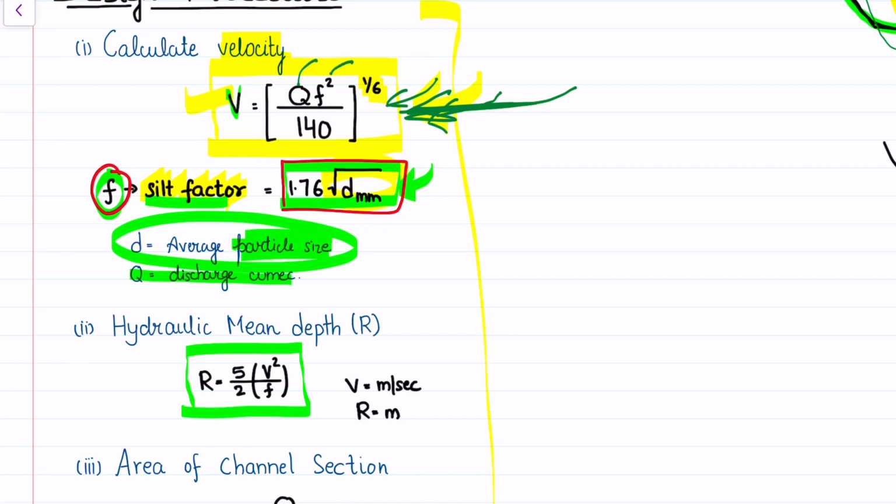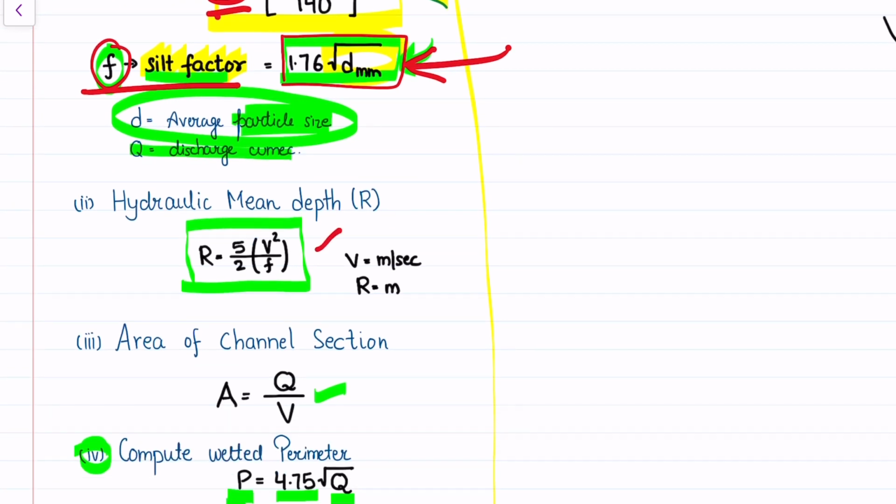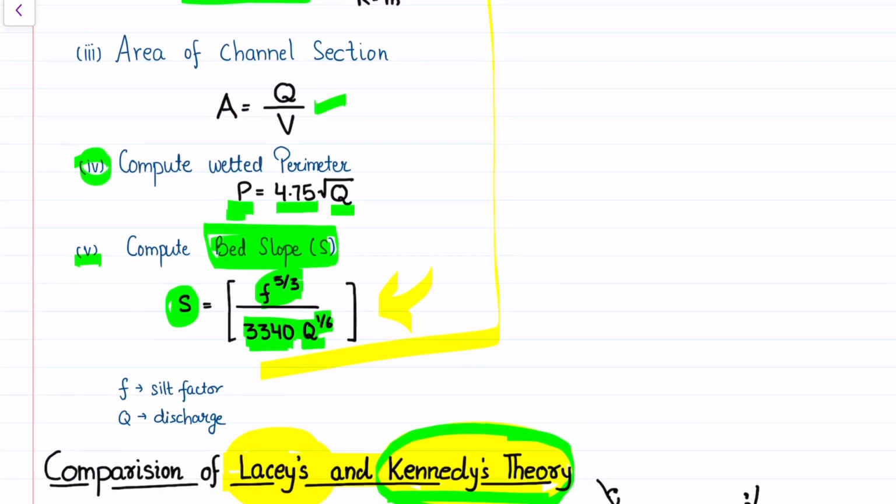Likewise, they may give you the diameter of the particle and the discharge value, and then ask for the velocity. You can first find out the silt factor using the formula and then find out the velocity. Likewise, they can ask the hydraulic mean depth, the perimeter, or the bed slope. So all the formulas you should know thoroughly.